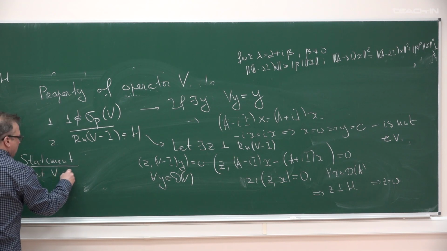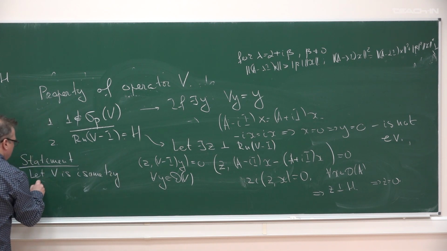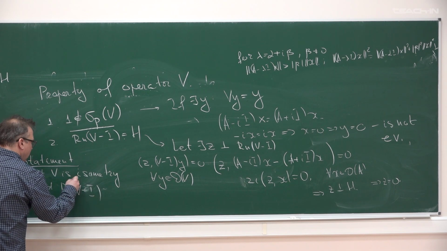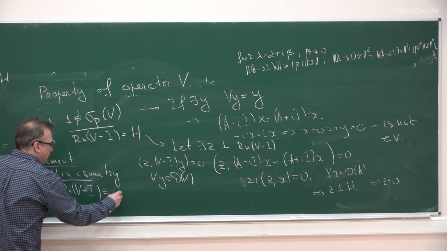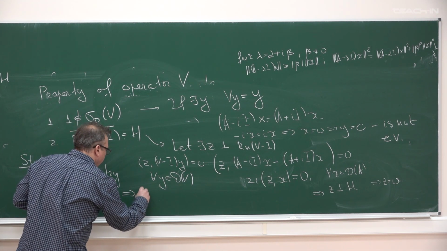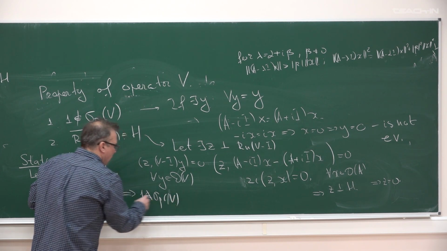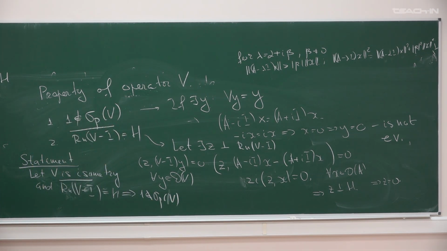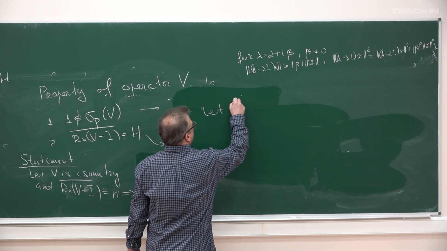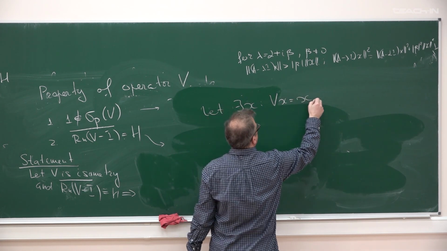So, statement. Let V be an isometry and the range of V minus I be dense. Then 1 is not from the point spectrum. Let there exist x such that Vx equals x.